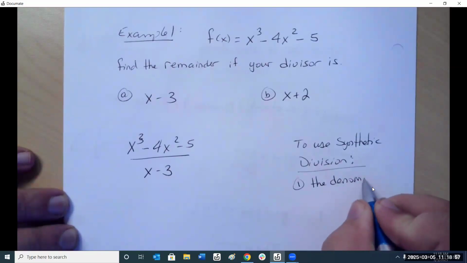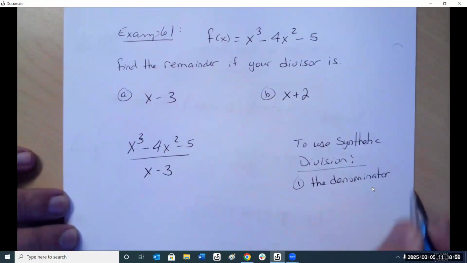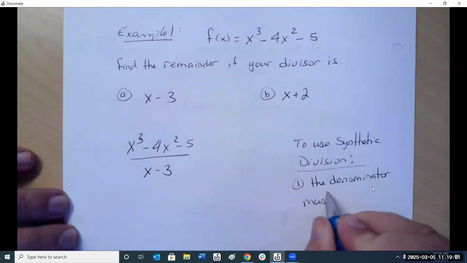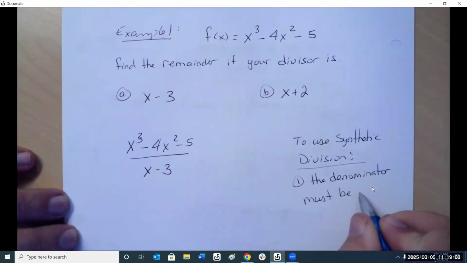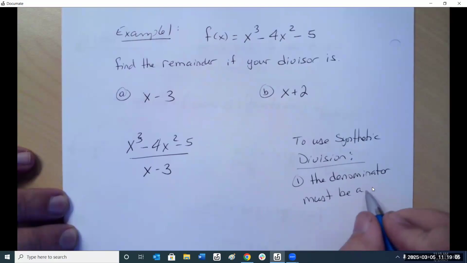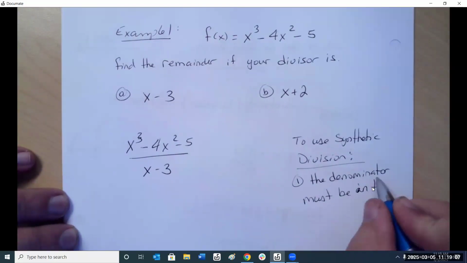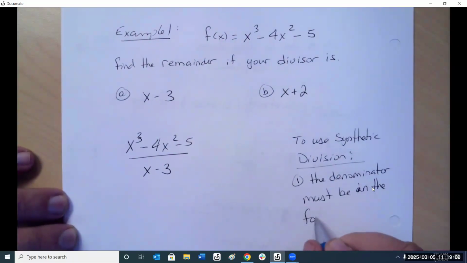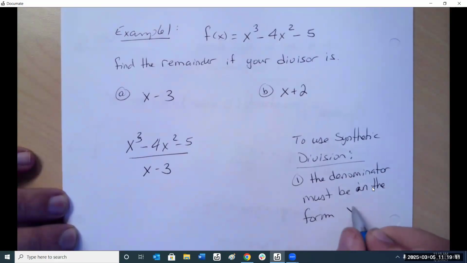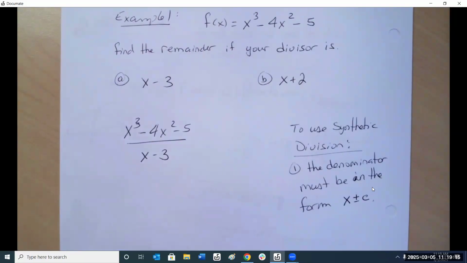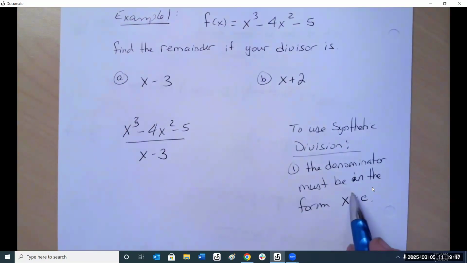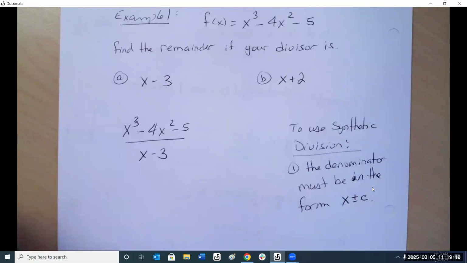The denominator must be in the form x plus or minus c. X cannot have a coefficient. It cannot have an exponent. It has to be a linear equation.